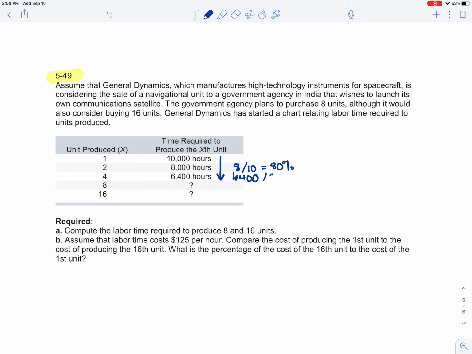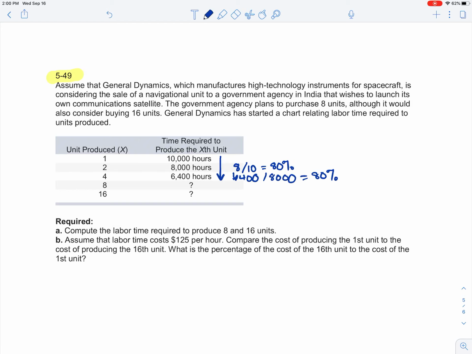So that took me 6,400 hours compared to that 8,000, which is again an 80% decrease in amount of time. So what it appears to do is tell me that every time I double the number of units I've made, only 80% of those hours are needed to make the same doubling amount of that product.